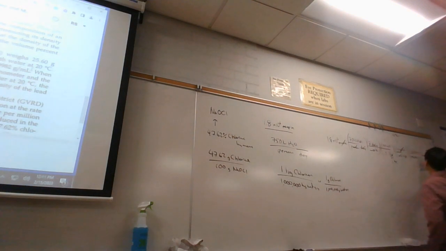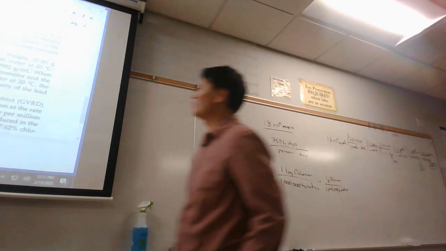And that means we'll have 100 grams of sodium hypochlorite for every 47.62 grams of chlorine. So the grams of chlorine cancel, and that gives us grams of sodium hypochlorite. Do they want grams of sodium hypochlorite?